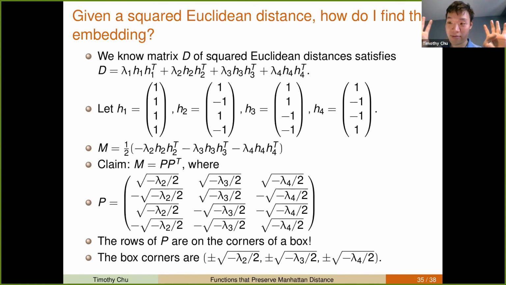If you buy that formula, just take my word for it that it works, you can calculate from D this matrix M, which is the matrix of dot products. Then you can decompose M as PP transpose, and it has this very nice formula here. Note that each of these lambdas, as mentioned before, are negative. So each of these square roots is in fact a real number.